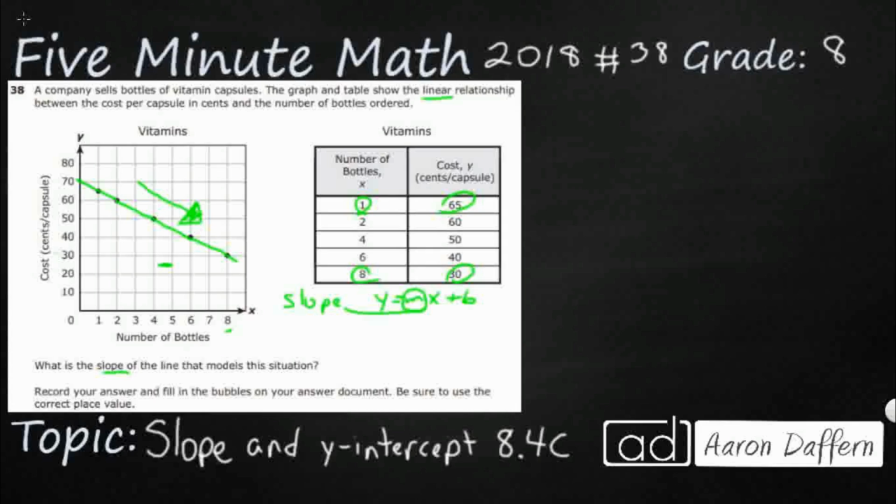We just need to calculate how the x changes, the relationship between the x and the y. And so that's rise over run. That's one way I always remember it. That means how the y-axis, or the y-coordinates, rise or fall, divided by how the x-coordinates run side to side.